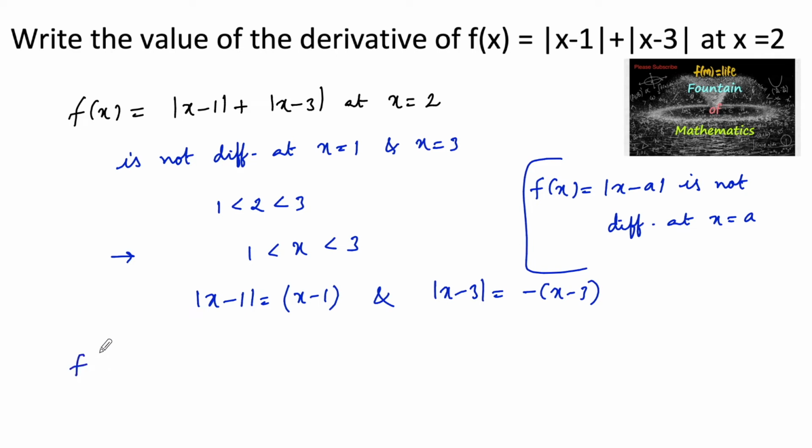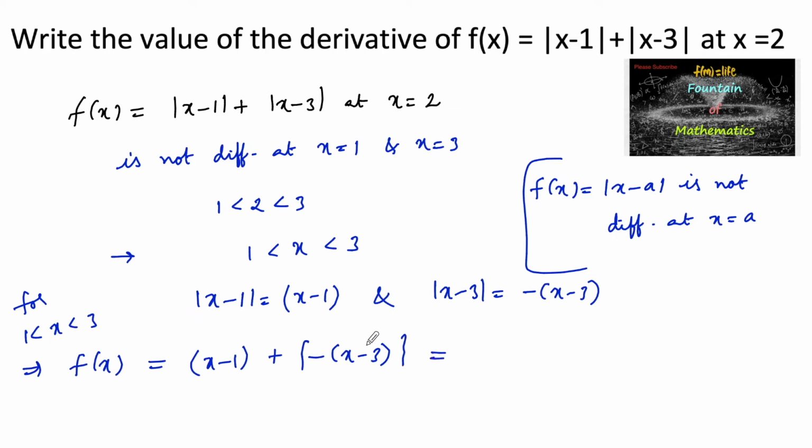So let us substitute here: f of x, since we require it for x is equal to 2, that is for x lies between 1 and 3, f of x is equal to mod of x minus 1, we can consider x minus 1, and mod of x minus 3 we can consider negative of x minus 3. So which is equal to, on simplifying, x minus 1 minus x plus 3, so x and x get cancelled, so 3 minus 1 is 2. So f of x is equal to 2 we are getting at x is equal to 2.